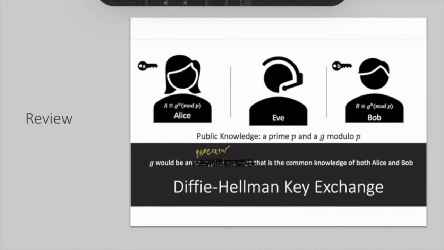And here we're going to see how Alice and Bob will share something that only they know, but not Eve. Okay, so Alice will compute uppercase A congruent to G to the lowercase a modulo P, and Bob will calculate uppercase B congruent to G to the b mod P. And Alice will send this uppercase A to Bob, and Bob will send his uppercase B to Alice.